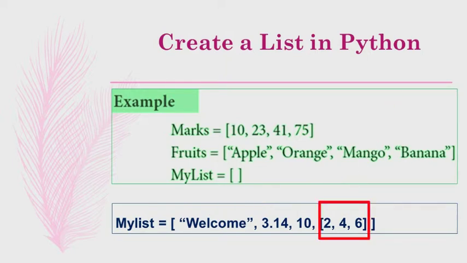Here we added another list within this list. So it is called a nested list. What do we mean by a nested list? A nested list is a list containing another list as an element. [2, 4, 6] is another list. Here we added that list as an element of my_list.